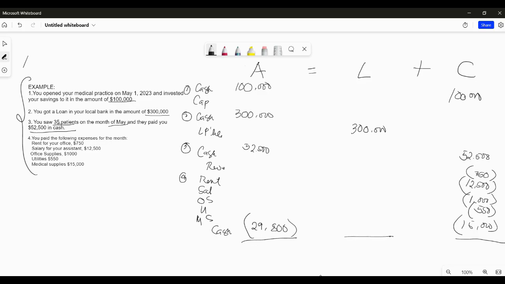So let's add the total of the following. Your liability is 300,000.